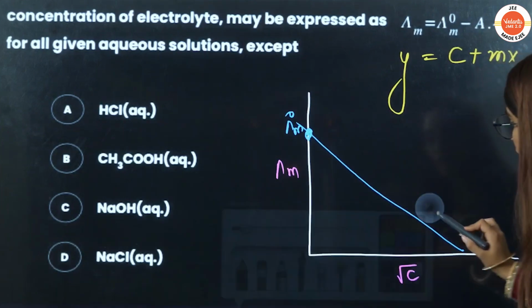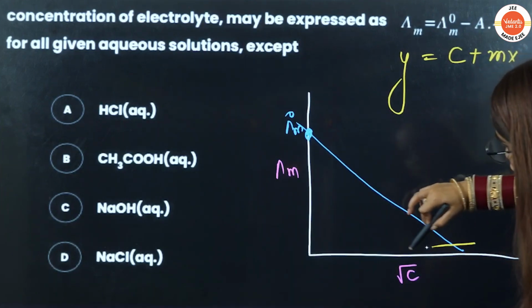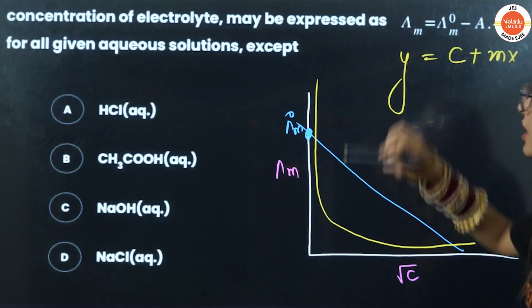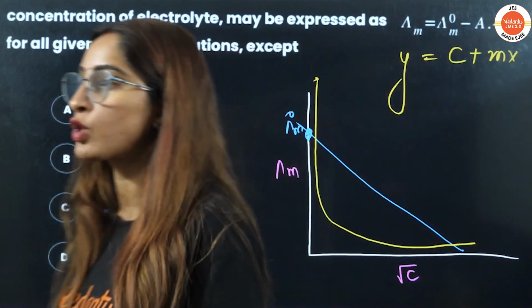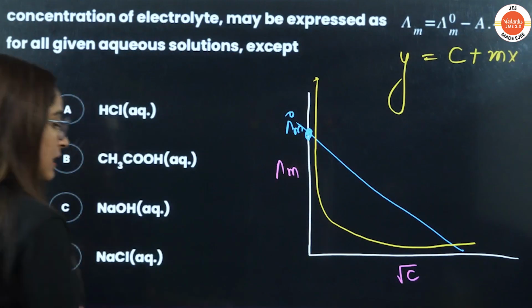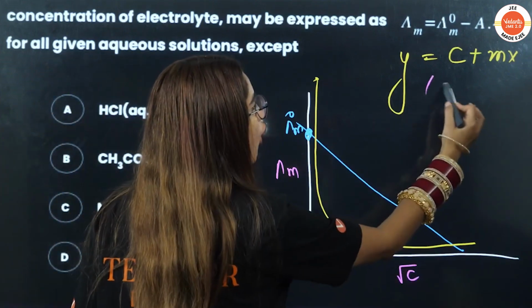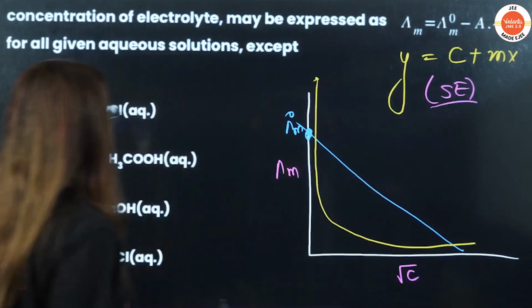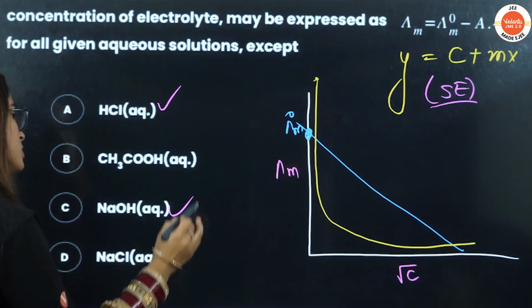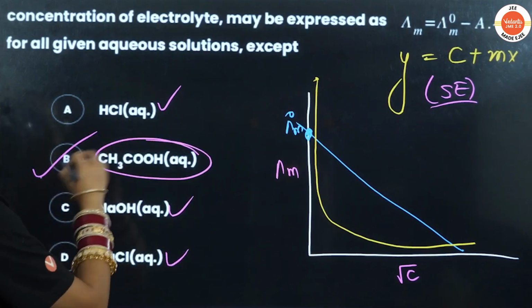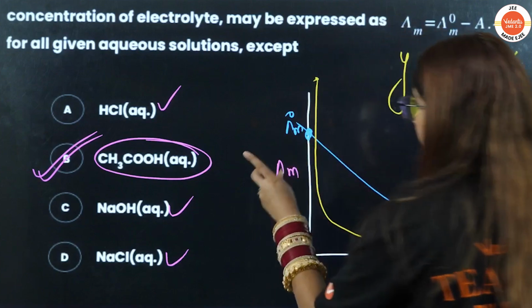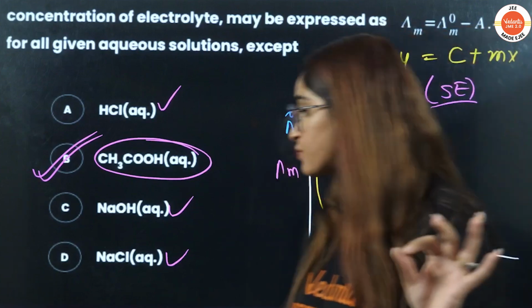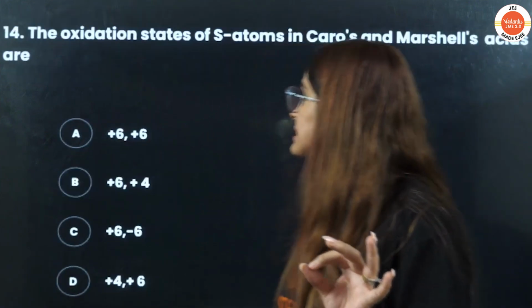But the graph of a weak electrolyte is going to be parallel to the y-axis. That is why we have to use Kohlrausch's law to find it. So this is a graph of a strong electrolyte. This is strong, this is strong, this is strong, this is not a strong electrolyte, this is a weak electrolyte. So all these will give this graph except for CH3COOH, which is a weak electrolyte, right?